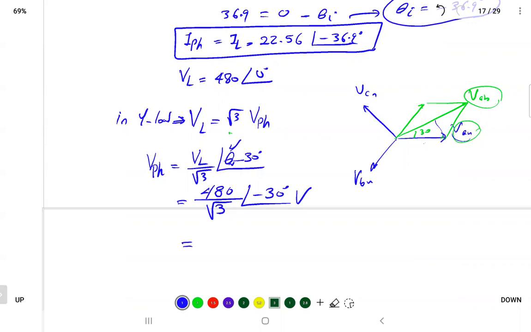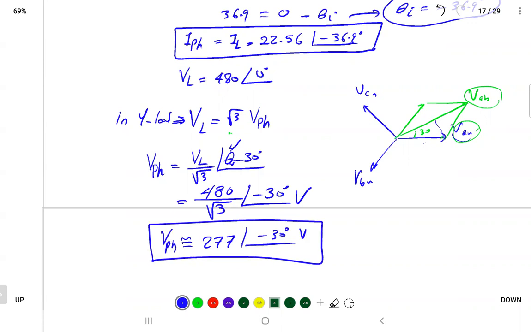I will do that in the calculator, and we'll find the magnitude, 480 divided by square root of 3, is equal to 277, I just rounded the number, at minus 30. That's the phase voltage across the load. Now we already defined the current. We have the voltage, we have the current.